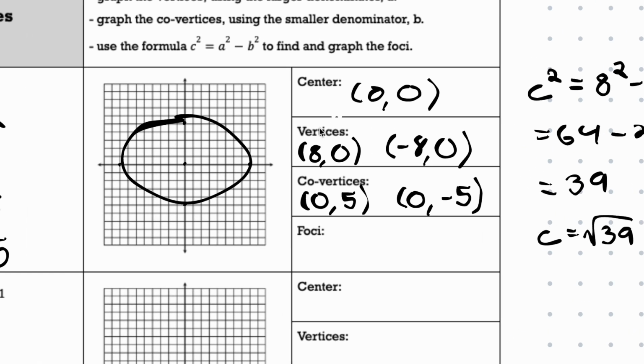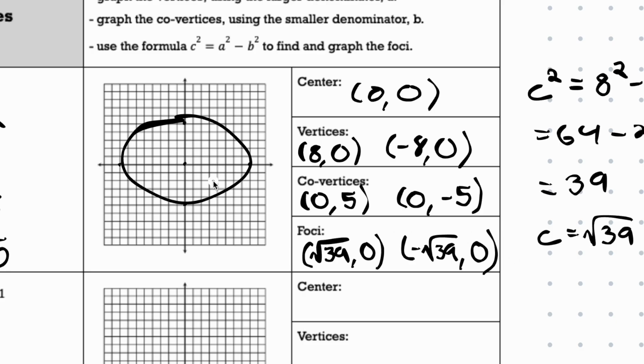So our foci is going to be along our major axis, right? And we're going to say root 39, 0, as well as negative root 39, 0.